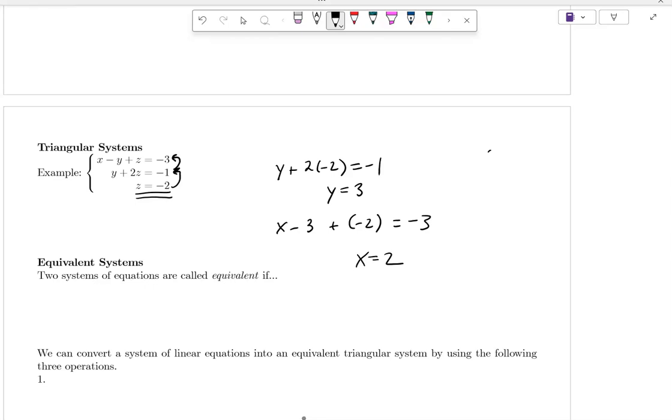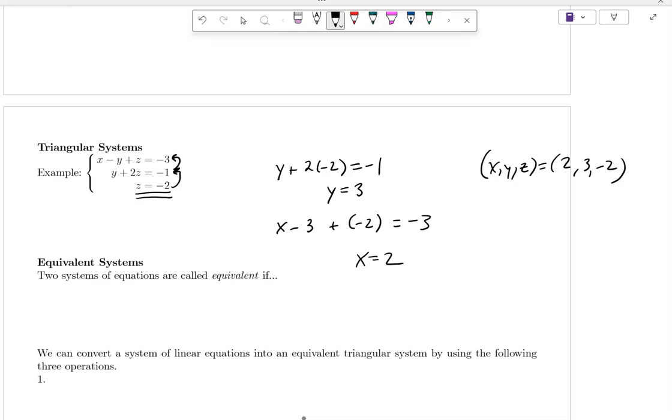So then again, if we write our answer, we get 2, 3, -2. Is that okay? So wasn't that pretty straightforward to solve?